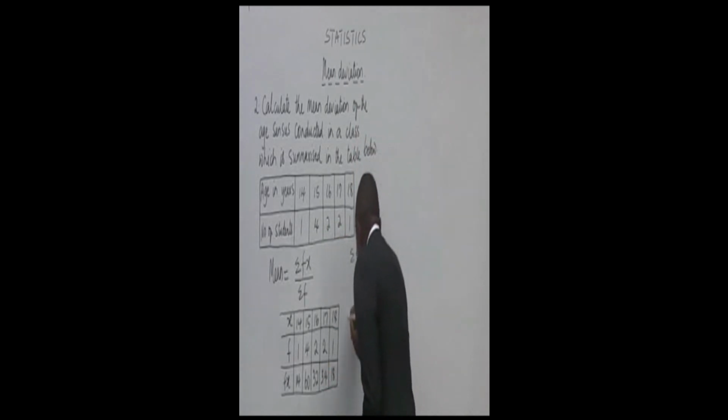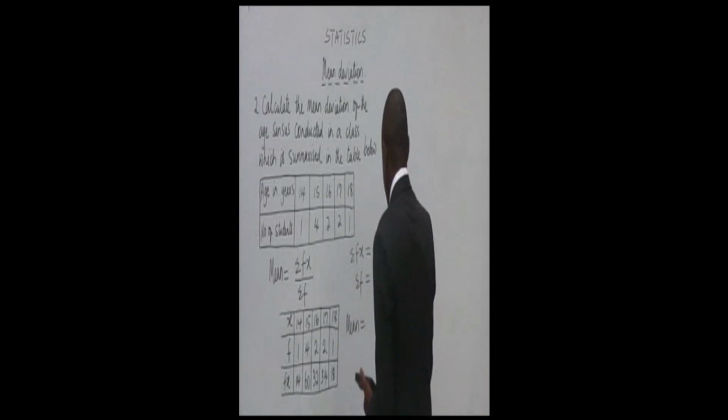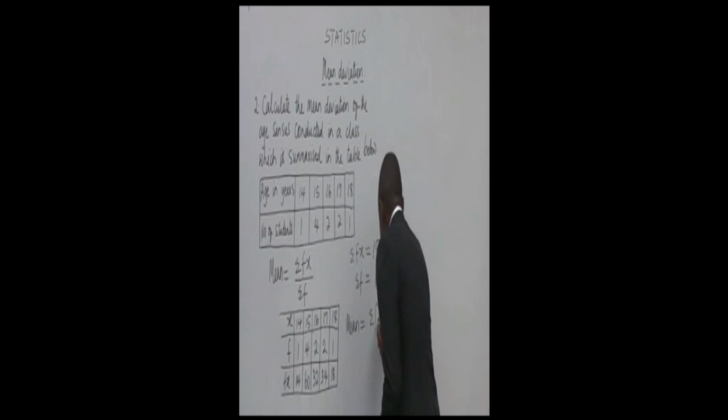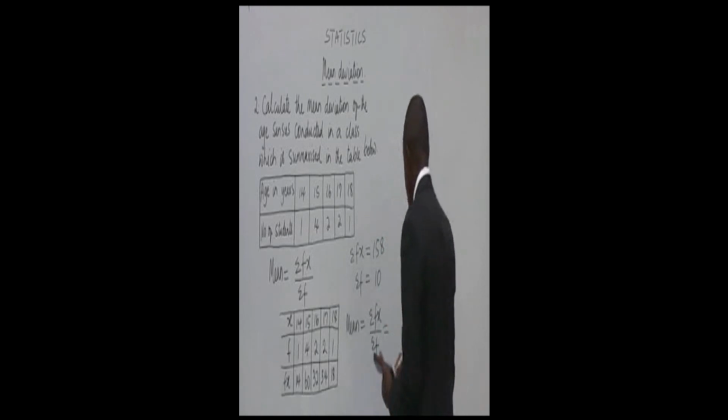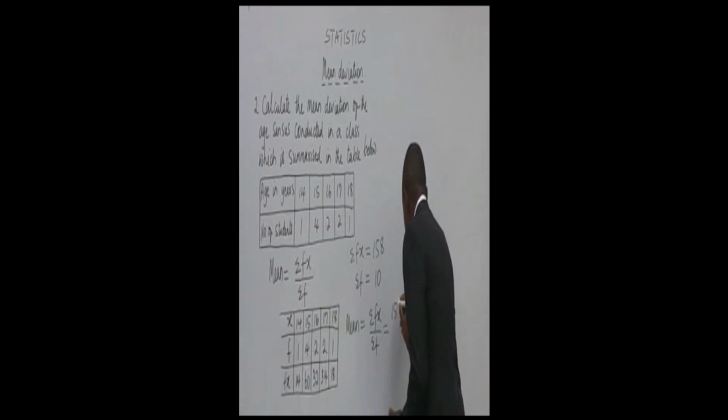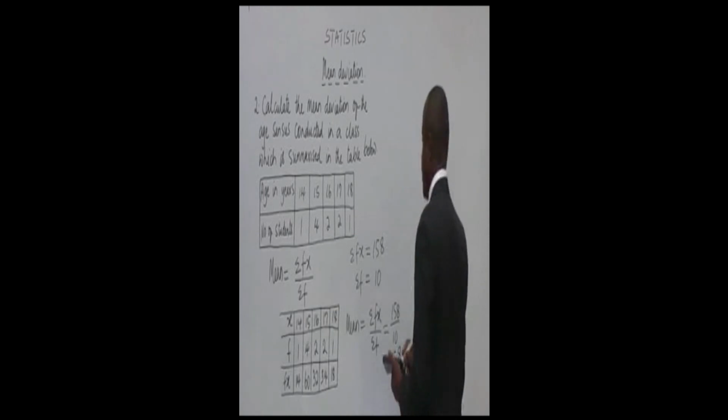Now our mean is summation fx over the sum of frequencies. That gives us 158 divided by 10, which is simply 15.8.